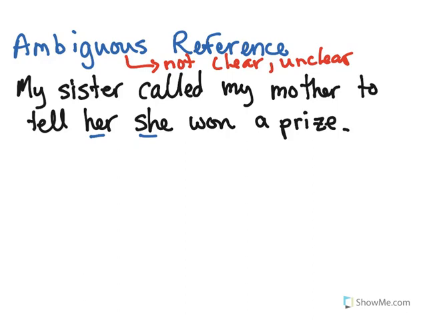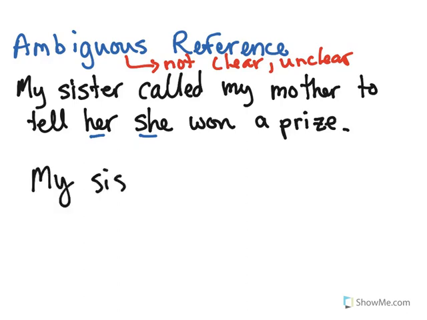So there's different ways that you can fix this problem, but most of the time it involves rewriting the sentence. If you have an ambiguous reference, you've got to restructure the sentence to make it more clear.